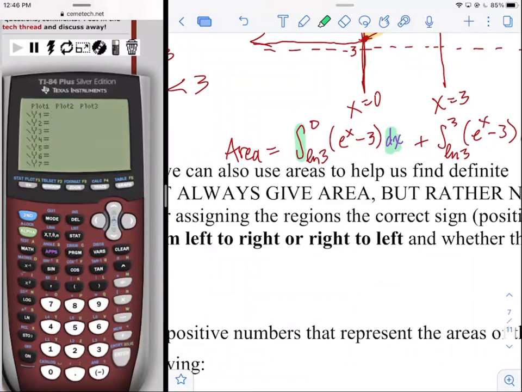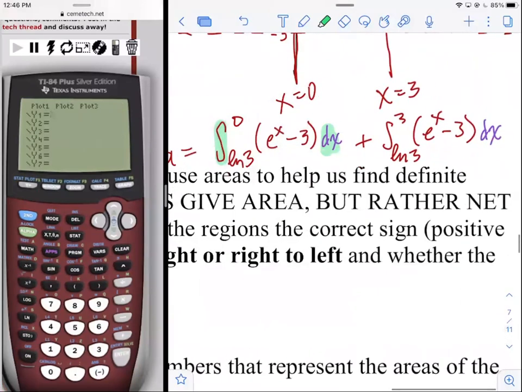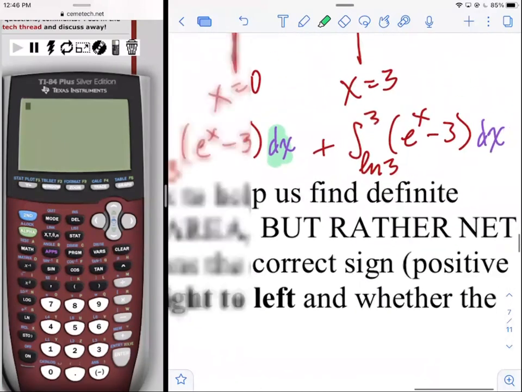It took a little bit of time, but rather than type in e to the x minus 3 twice, I'm just going to type it into y1. Second ln to the x power, click to the right, minus 3. Now, I don't care what the graph looks like because I already graphed it by hand. I just want to use y1 as a place to access the equation. So now I'm going to go to the home screen. Second mode, flush.